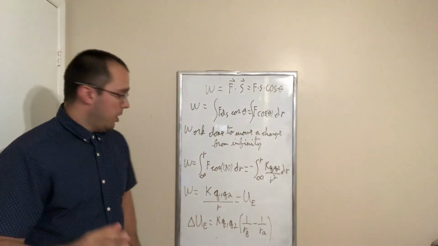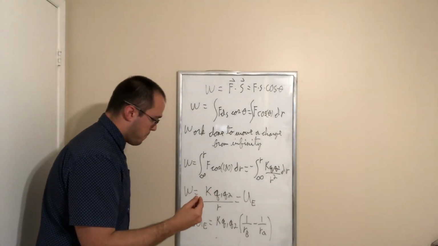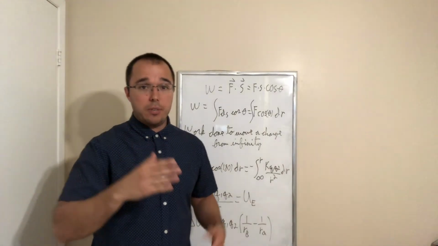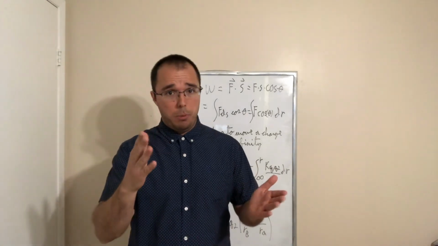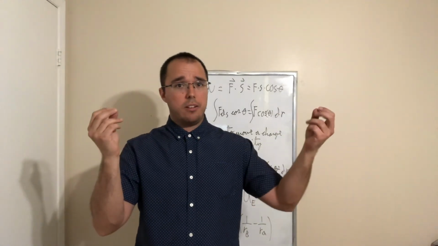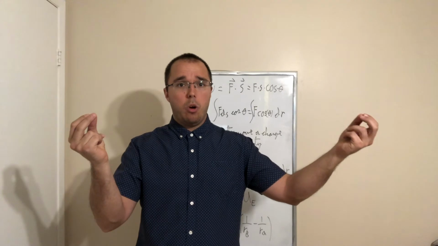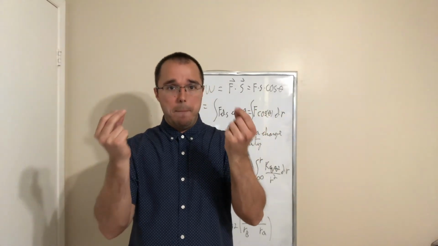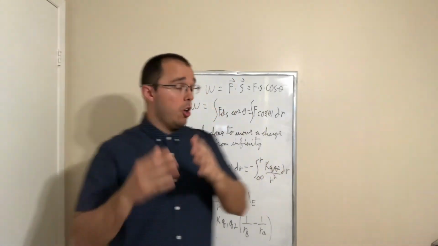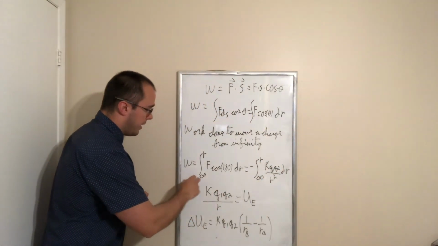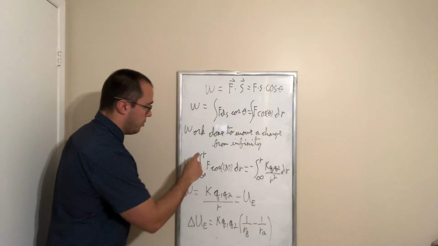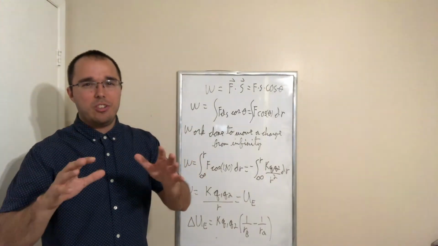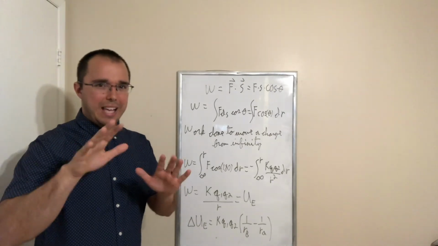One last formula: one way we could calculate the difference in energy, let's say you have two positive charges a meter apart, and you want to move one of the charges such that the distance is now 0.5 meter. You could redo this integral, starting at 1 meter and going to 0.5 meter. That will work, but I want to avoid using integrals and calculus at this point.